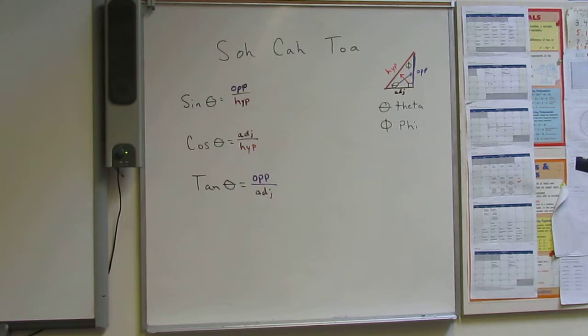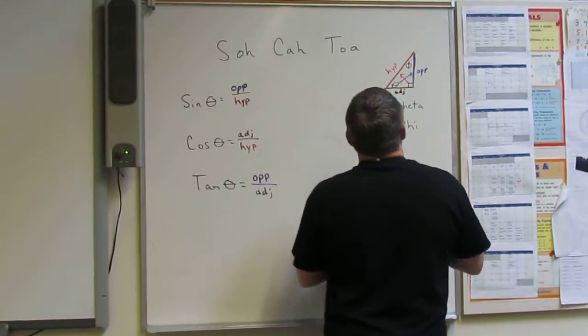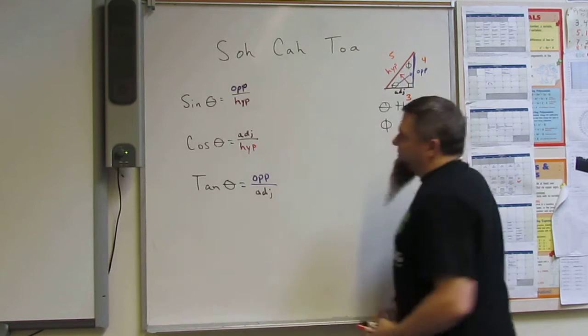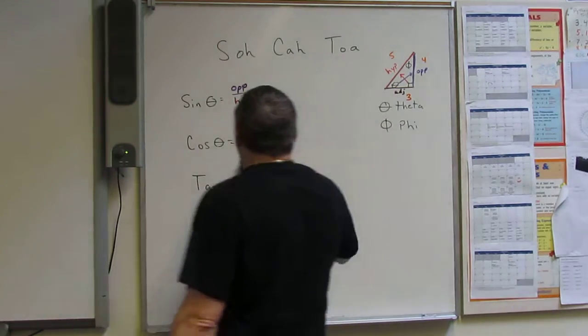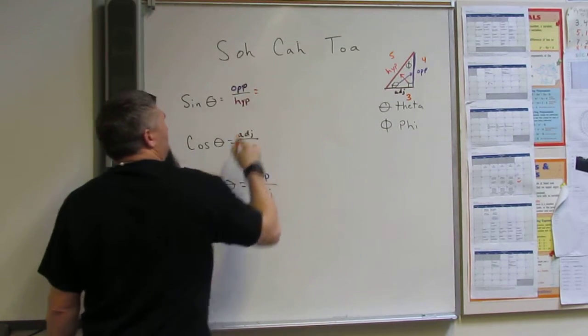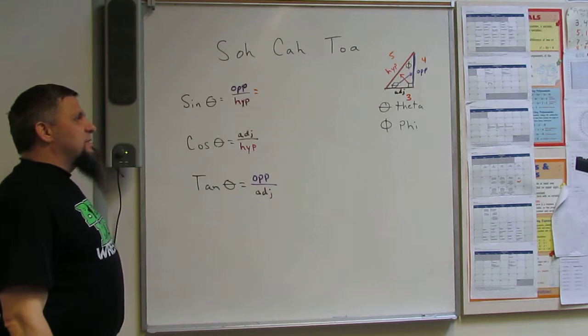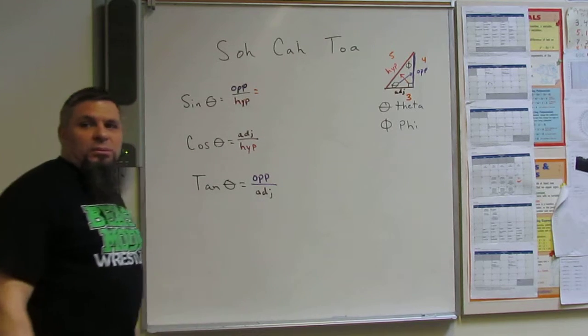So let's just pretend really quick that this is a 3, 4, 5 triangle. Then the sine of theta would be the opposite, right, Wyatt?